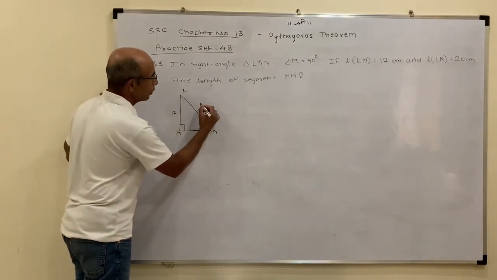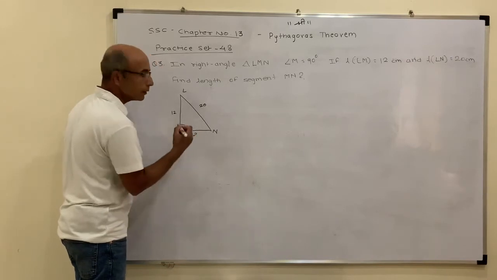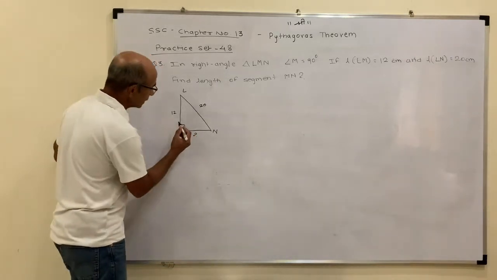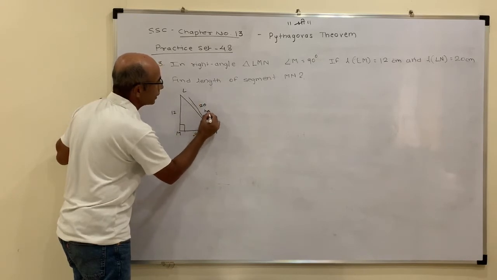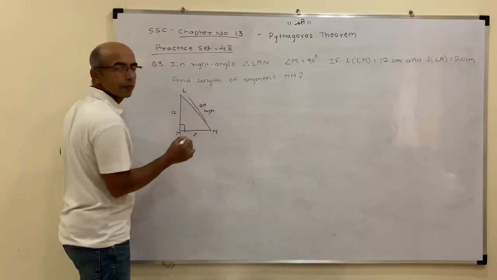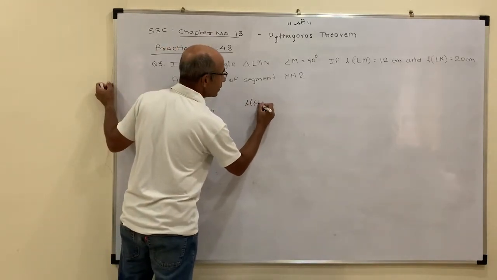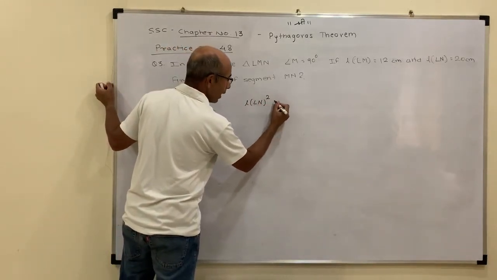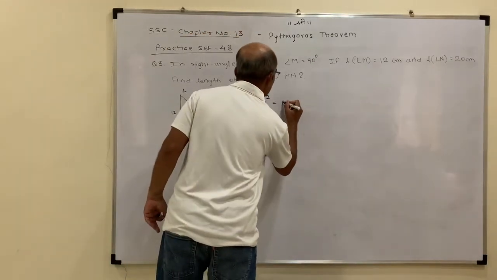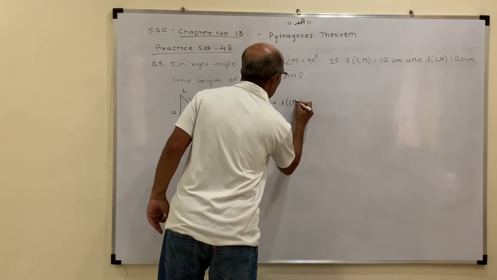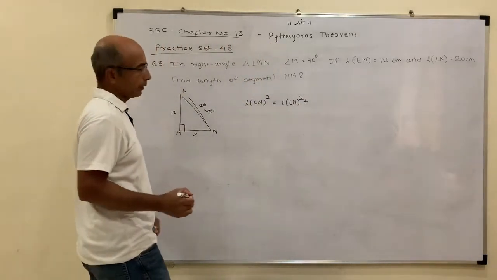LN is equal to 20 centimeters, and this is what they have asked. Now, since this is my right angle, my LN is the hypotenuse. So length LN square equals length LM square plus length MN square.